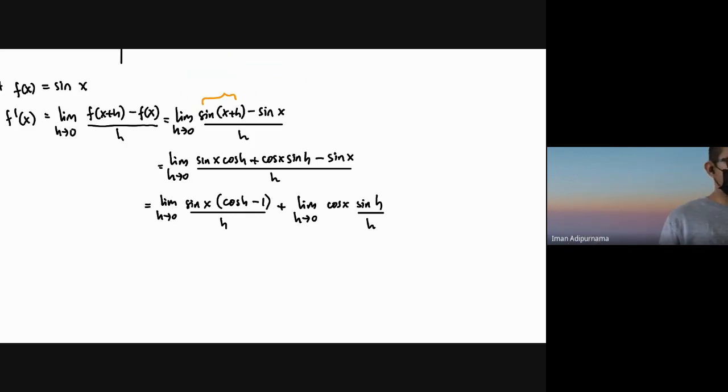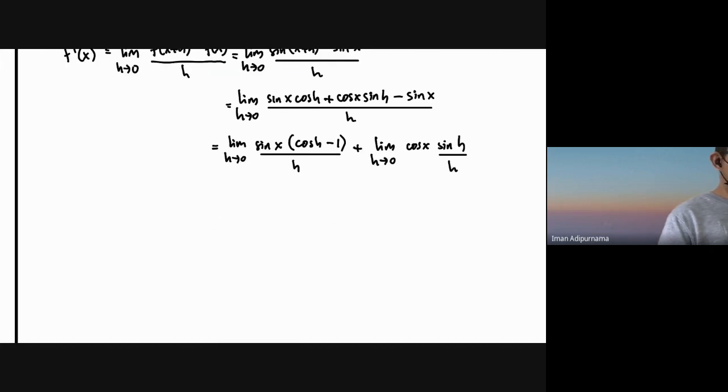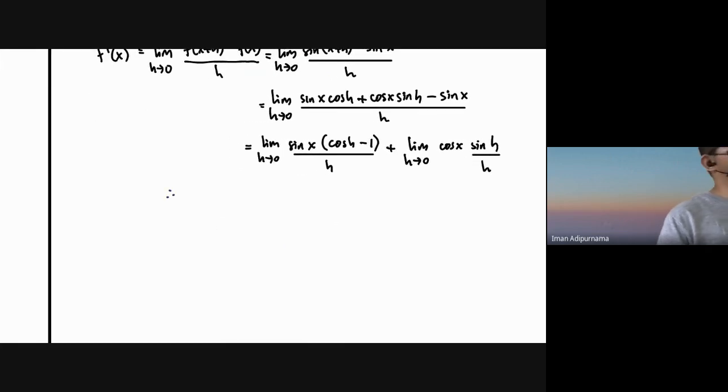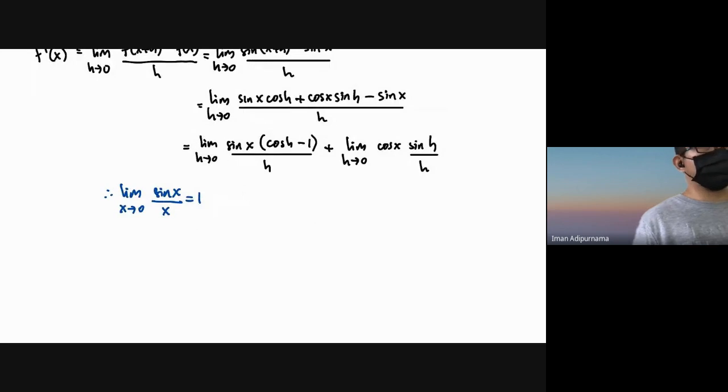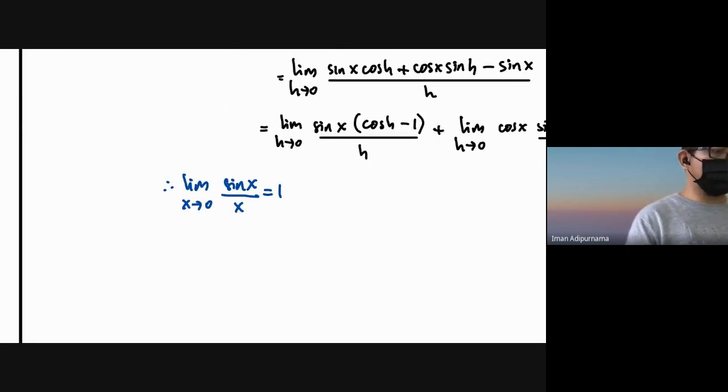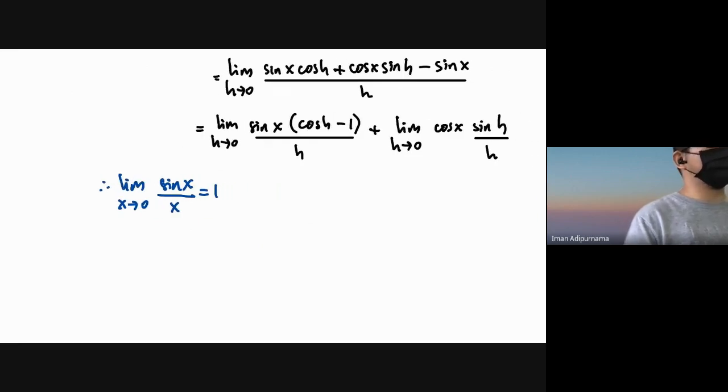Now how to solve this? First, remember that at the early limit, several weeks ago, we already made a proof by squeeze theorem that the limit of sine x over x is equal to 1. And the whole thing that I told you about the L'Hopital rule, that you cannot use L'Hopital's rule to solve this limit because this is the definition.